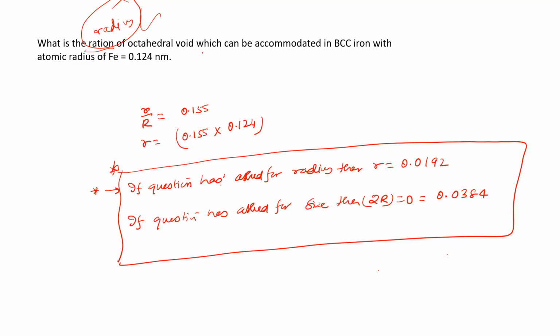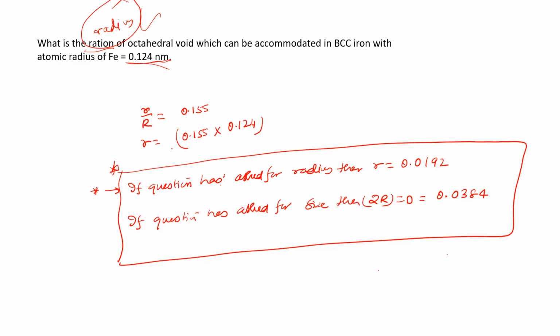So the radius of the octahedral void which can be accommodated in BCC iron with atomic radius of iron 0.124 nanometer. The r by R ratio you need to remember, or you can do the calculation also if you don't remember this formula, an easy calculation. So r by R equals 0.155.